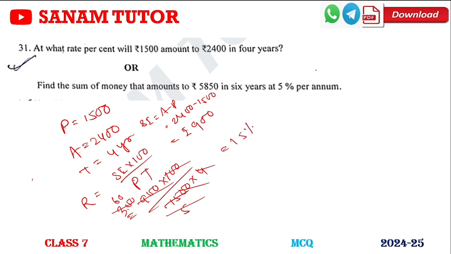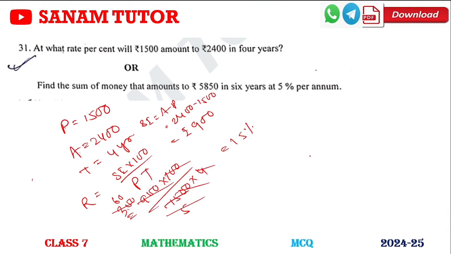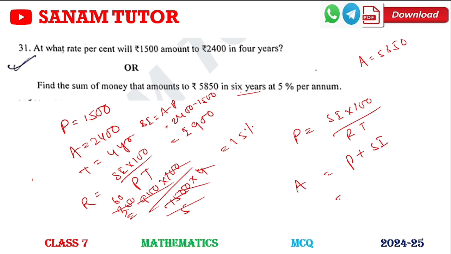Similarly, the second question: find the sum. The sum formula is SI into 100 divided by RT. The amount is given, so the amount equals 5850. The amount formula is P plus SI, which is P plus PTR by 100.